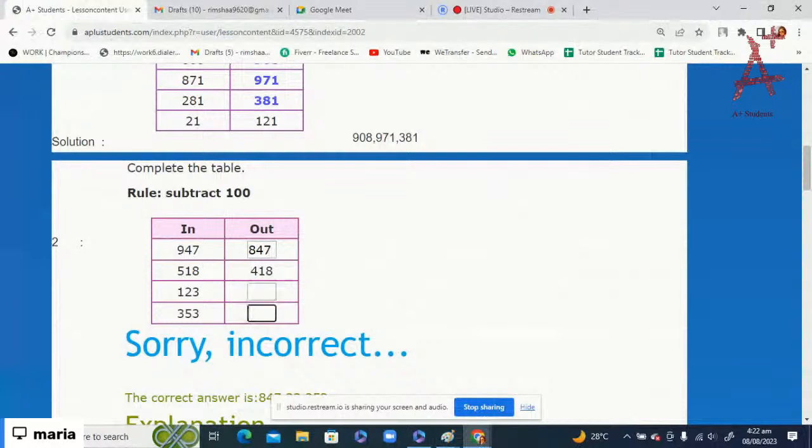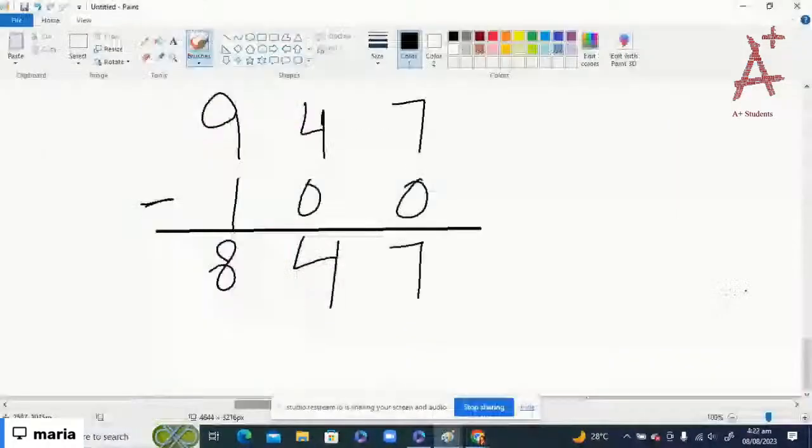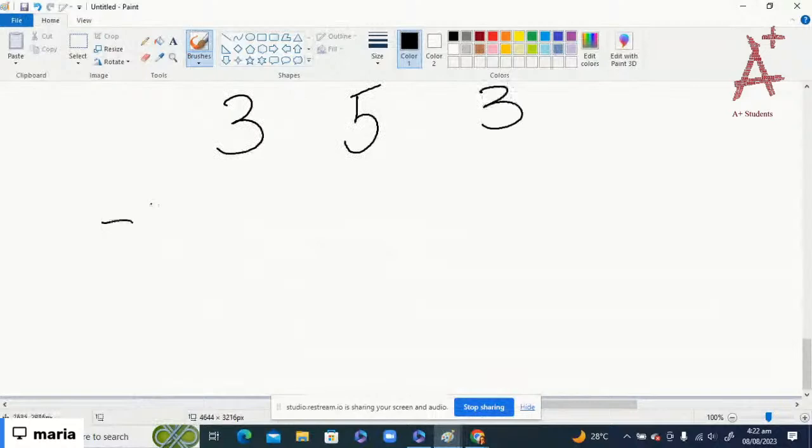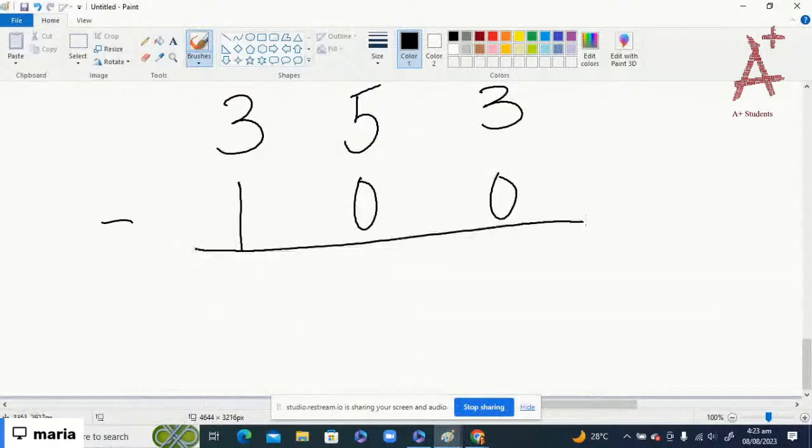I'm going to solve this one. 353 minus 100.